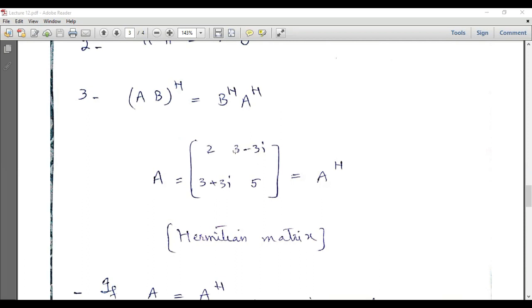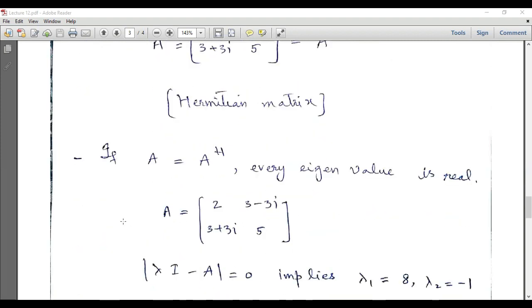The conjugate will be equal to 3 plus 3 iota and 3 minus 3 iota. Then take the transpose of this matrix. So this 3 minus 3 iota will come over here and that 3 plus 3 iota will come over here, and we will get the same matrix. So if the Hermitian of a matrix is equal to the original matrix, then that matrix is called a Hermitian matrix.